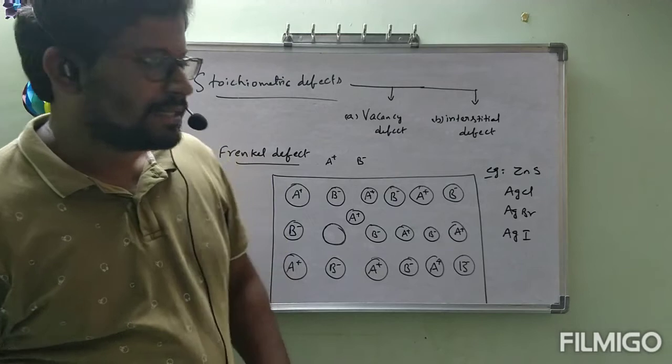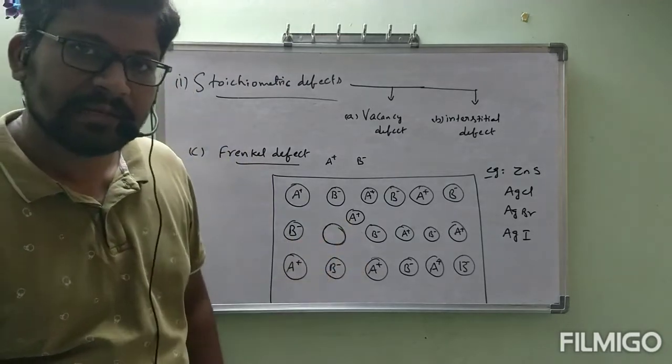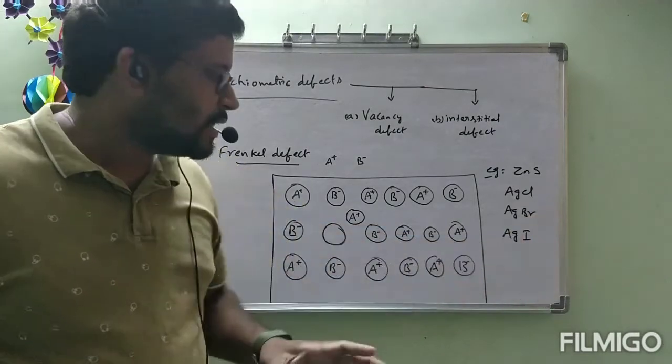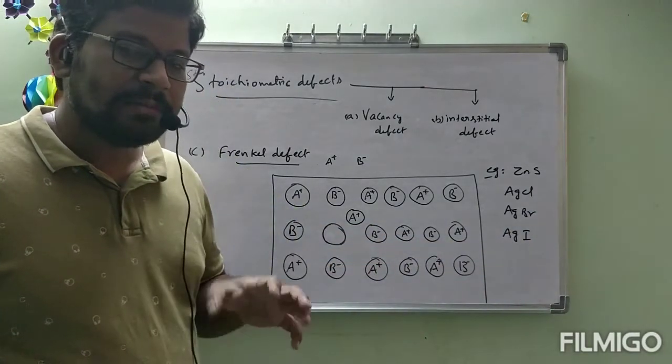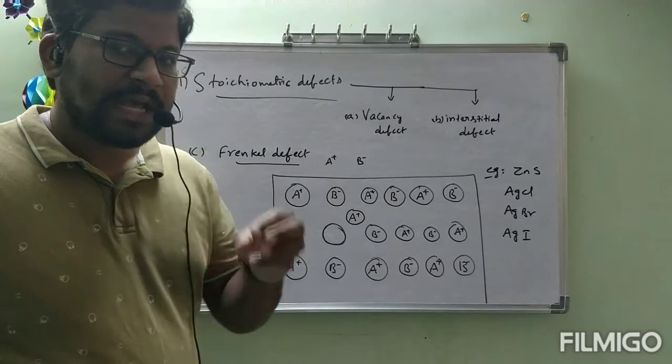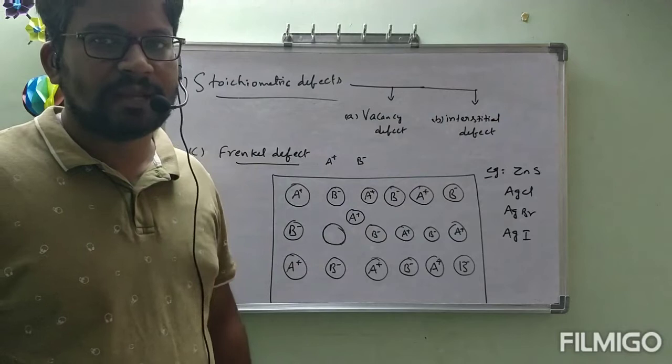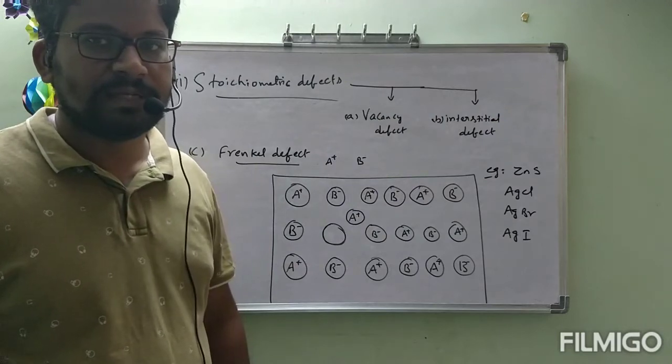Generally this interstitial position is occupied by cation only, because cation is smaller and anion is bigger. Anion cannot occupy the gaps. Anion will be present in the lattice points only. As cation is smaller, it is only the cation that can be displaced to another position. It is possible for that.